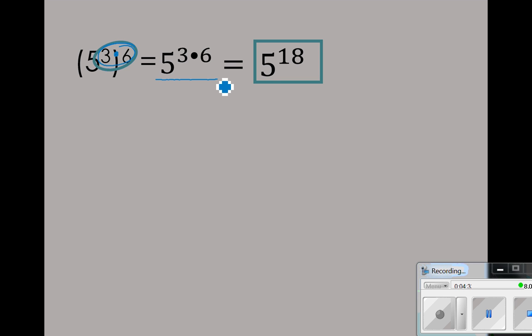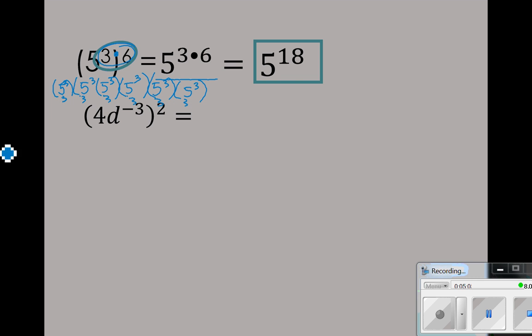And the reason we're multiplying is because if you have 5 to the 3rd power and you do that 6 times, 1, 2, 3, 4, 5, one more time. The 6th power, if you have 3 5s here, 3 here, 3, 3, 3, 3, that's going to give you 18 5s. So you can just do the multiplication problem to get there quicker.